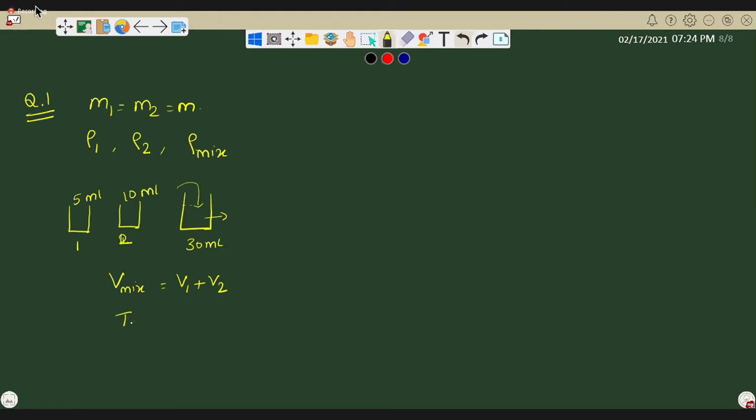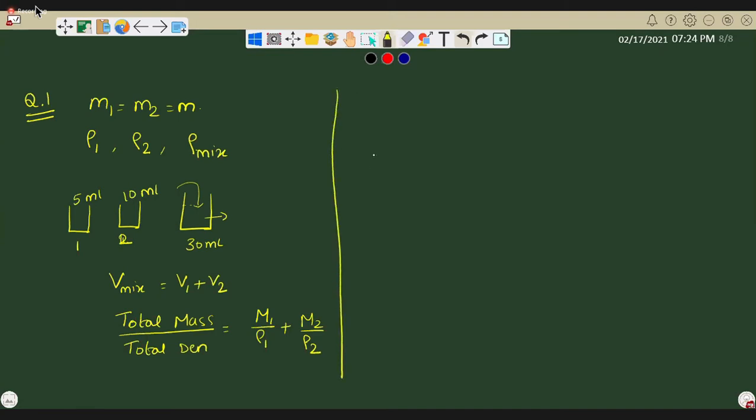So total mass divided by rho mixture is equal to M1 divided by rho 1 plus M2 divided by rho 2. What is your total mass? M1 plus M2, divided by rho mixture, equals M1 divided by rho 1 plus M2 divided by rho 2. But M1 and M2 are equal to M, same mass.